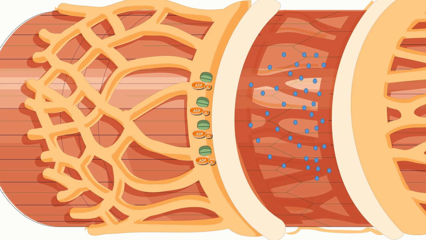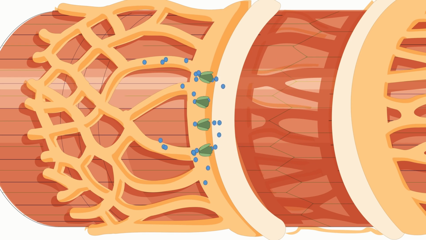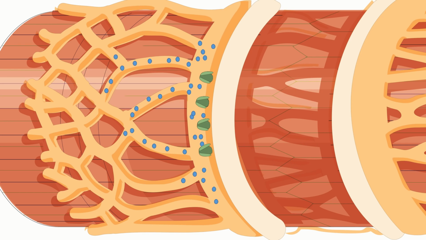And that process causes a conformational change in the active transport pump's shape, so meaning that they open. Once they are open, they literally pump calcium back out of the sarcoplasm into the sarcoplasmic reticulum, and that returns the low level of calcium in the sarcoplasm.